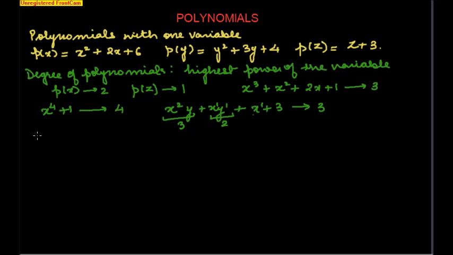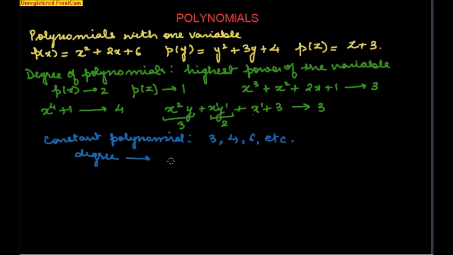Now let us see what is a constant polynomial. Whenever we write a constant, let's say any number 3, 4, 6, these are all known as constant polynomials. But what is the degree of this polynomial? Its degree is 0.